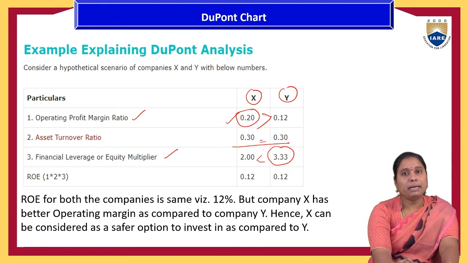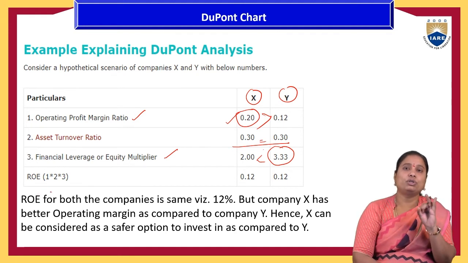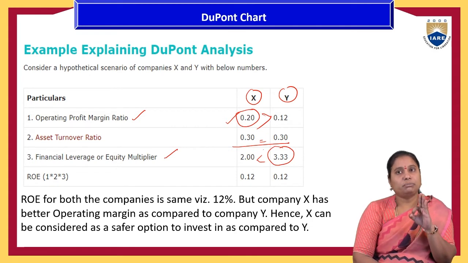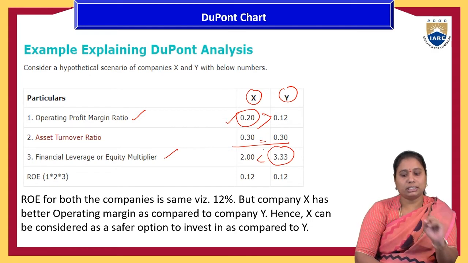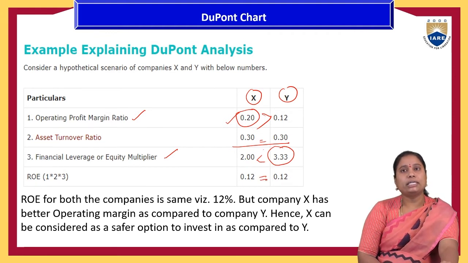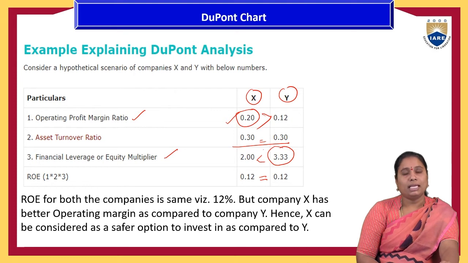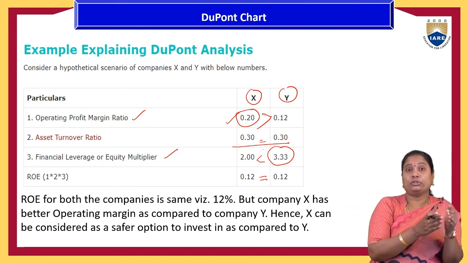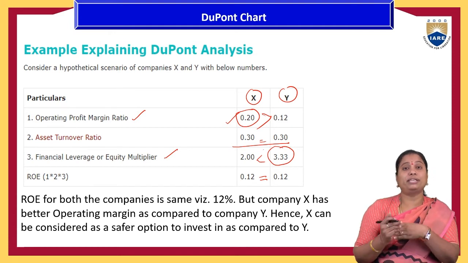If we consider operational efficiency, assets turnover efficiency, and financial leverage of the organization, taking all three into consideration, there is now an equivalent return on equity for X and Y company. In the ratio analysis, separately we have discussed the operating profit ratio, assets turnover ratio, and profitability ratio.